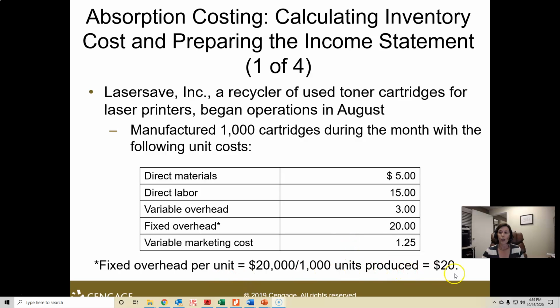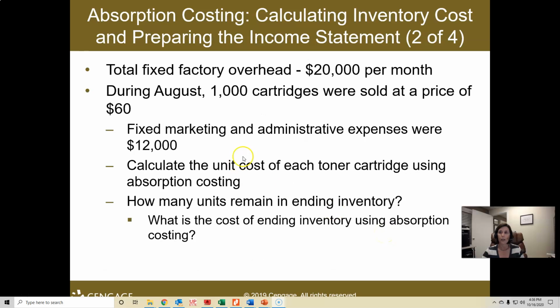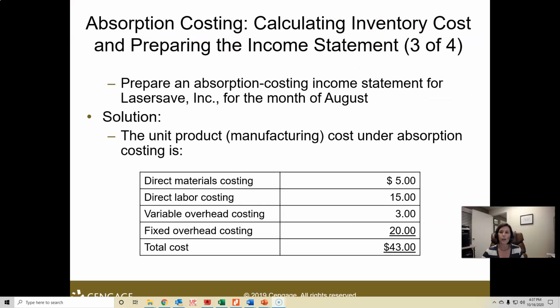Their overhead cost per unit is calculated at $20 per unit, and they've sold these at $60. So under a full absorption costing approach, again, all of the costs are going to be tied to our units. They will go out in cost of goods sold, but also be attached to the inventory that remains in our ending inventory.